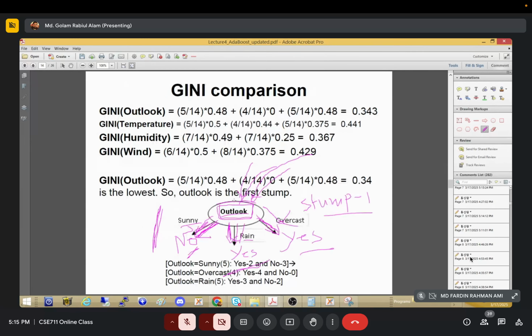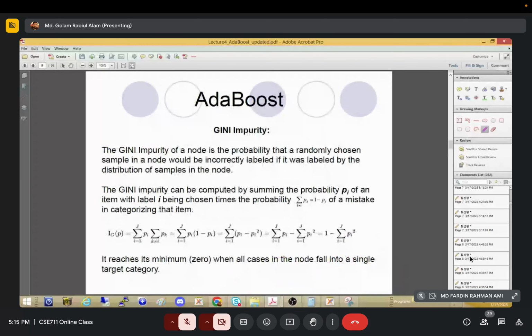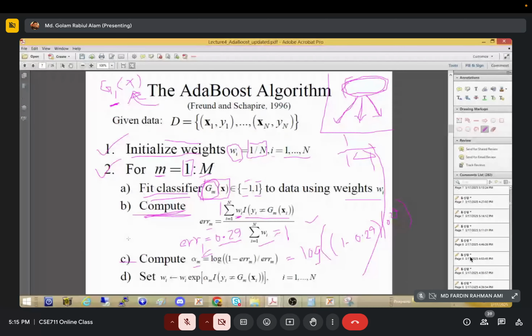Now we can see that according to our algorithm, after computation of the alpha, that is the amount of say, we have to update the weights of misclassified instances by the factor: W equals W times e to the power alpha.